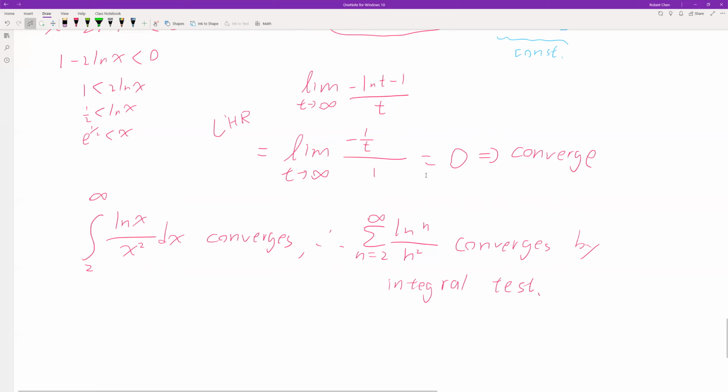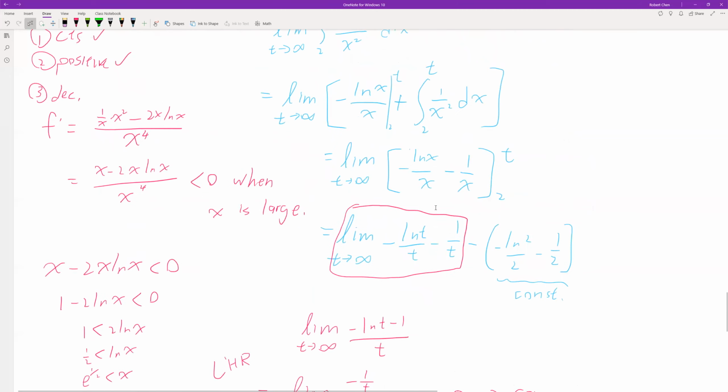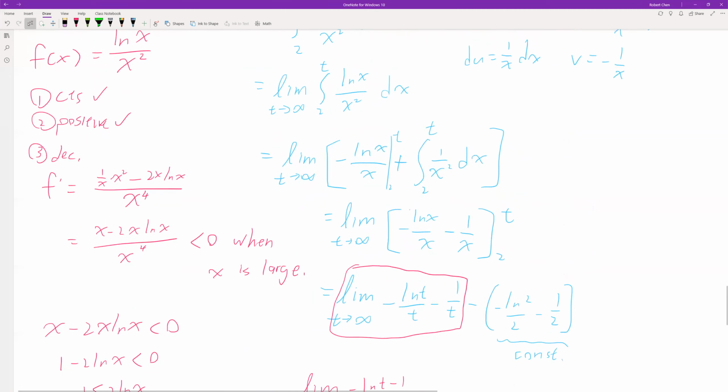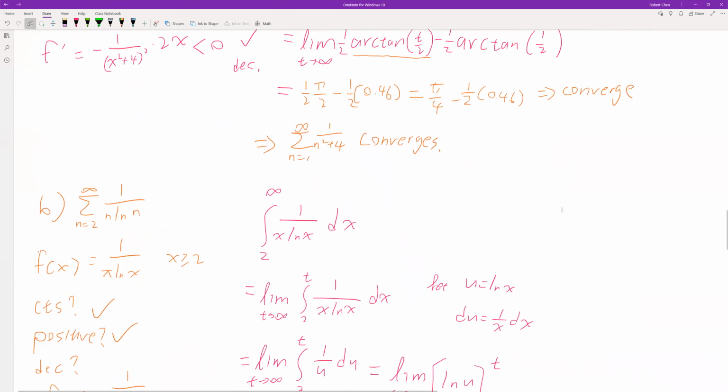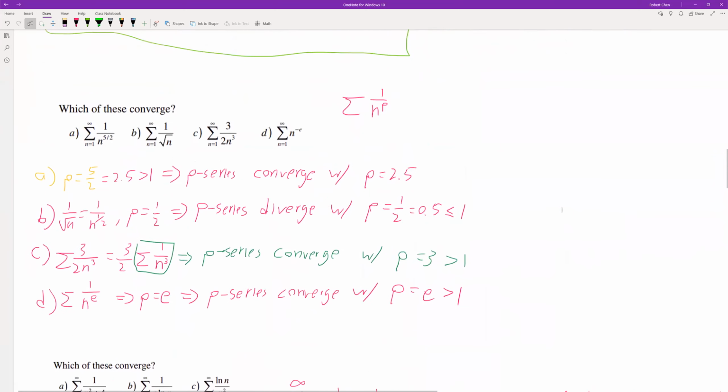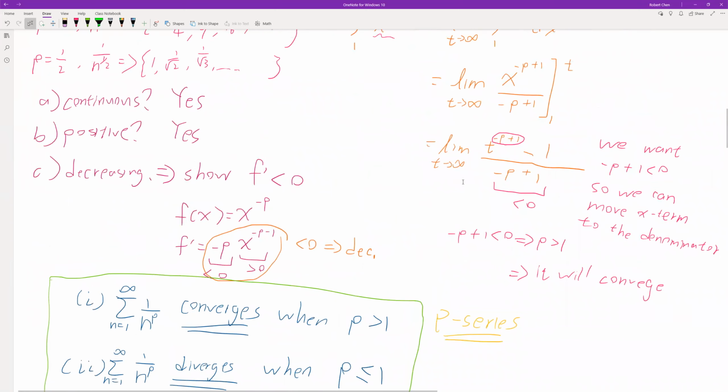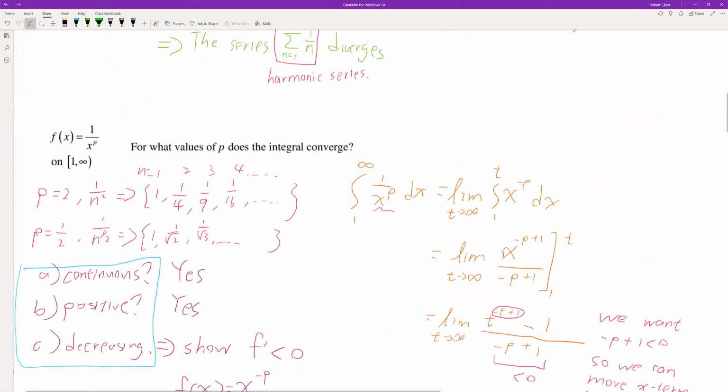Okay, so you can see that we're using integrals mainly in this section, right? So the integral test is very nice, pretty easy to work with. It just has three preliminary conditions, right? These three conditions that we were talking about: is it continuous, positive, and decreasing?